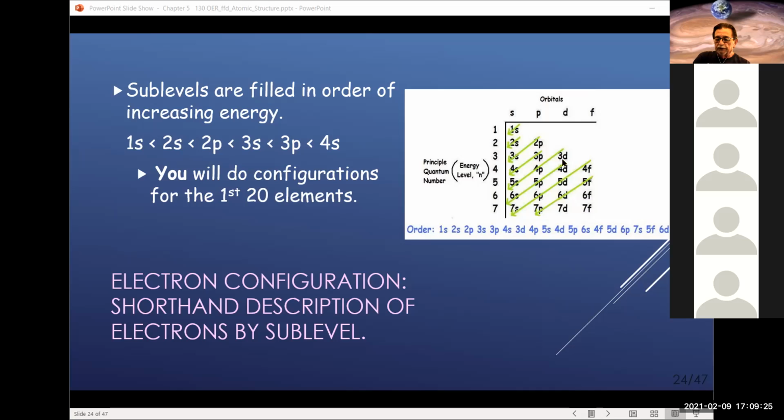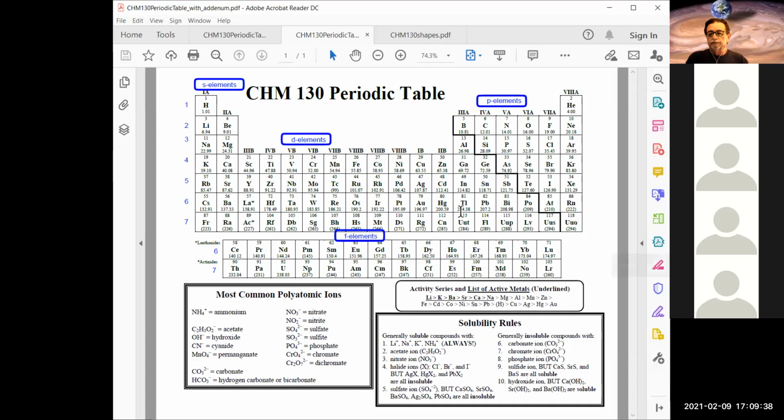Or alternatively, you can simply find its position on the periodic table. I tend to prefer the periodic table because, I don't know, I just prefer it. You're welcome to memorize whichever works best for you. But I'm going to do an example, and I'm just using the periodic table.